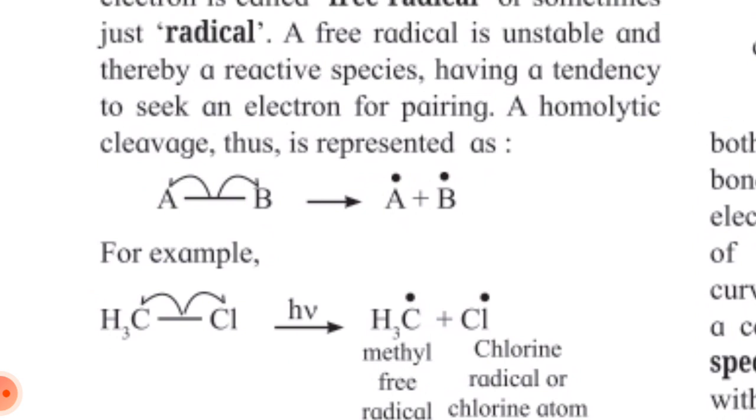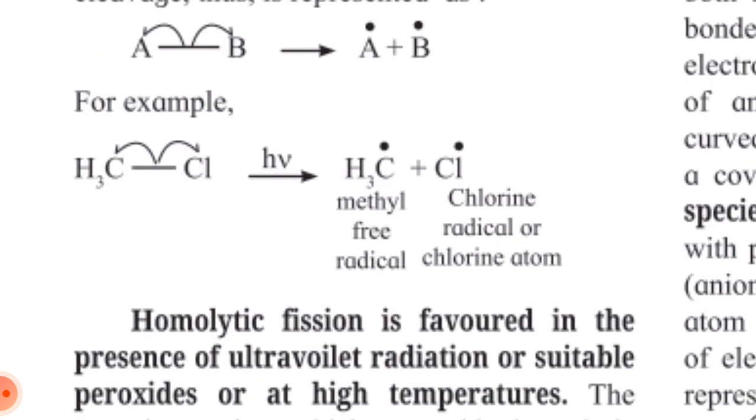A homolytic cleavage is thus represented as A-B under radical reactions forming A radical and B radical.